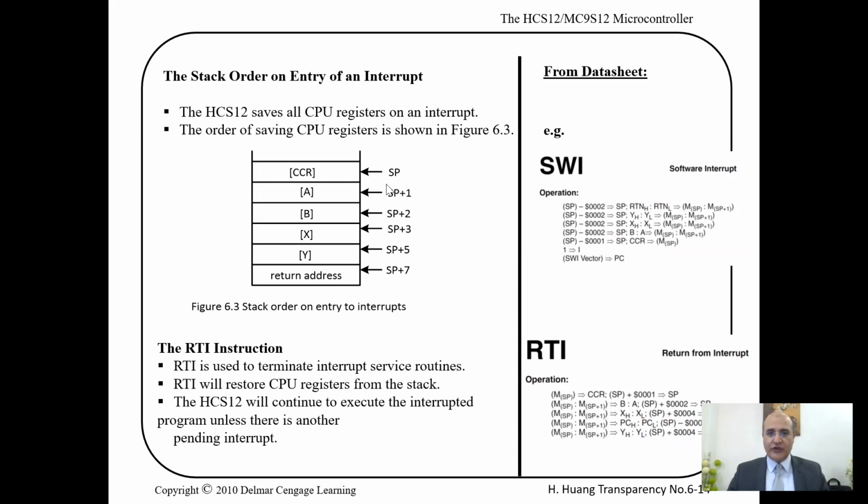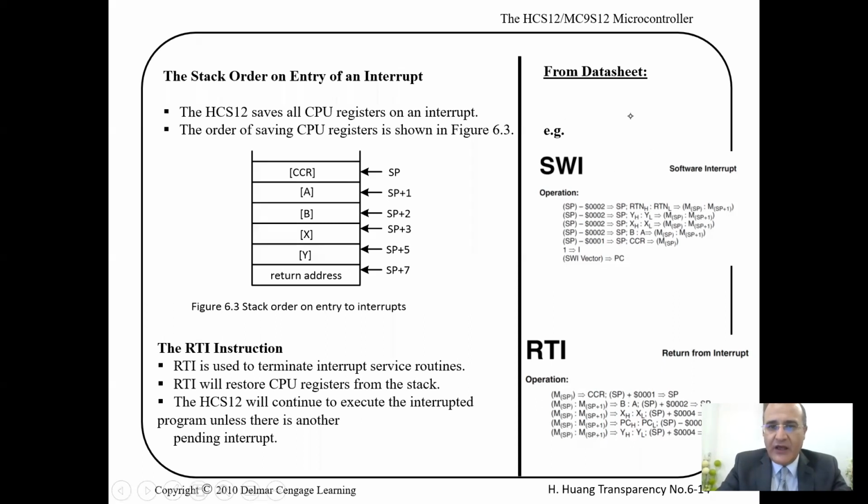All are pushed when an interrupt happens, okay? So this is your stack frame immediately after a response to an interrupt and before starting execution of the interrupt service routine, okay?